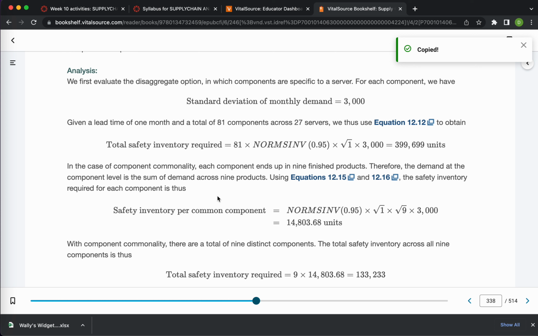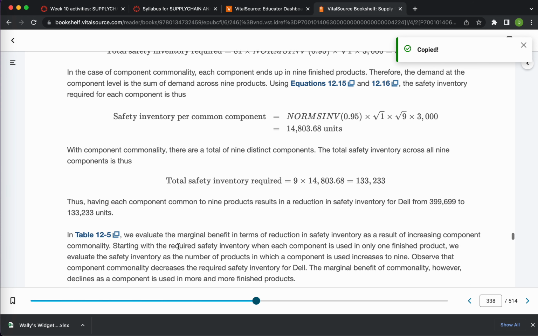For one group of these products, you have inverse normal of 95% times the square root of 1 for the lead time times the square root of 9 because you have 9 separate products, times 3,000. That gives you a safety inventory per common component of 14,803. So you'll have 14,803 units of memory units. You'll have 14,803 units of the common components that you hold.